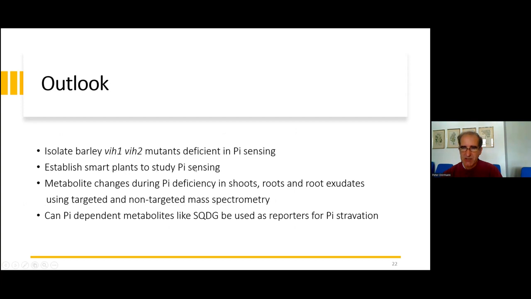Establish the smart plants, the different promoters. Measure the consequences of phosphate deficiency in shoot, roots, different parts of the plant, root exudates, using targeted and in particular non-targeted methods. And maybe some of these molecules like sulfolipid might be useful to try them as a reporter for Pi starvation using non-invasive methods.